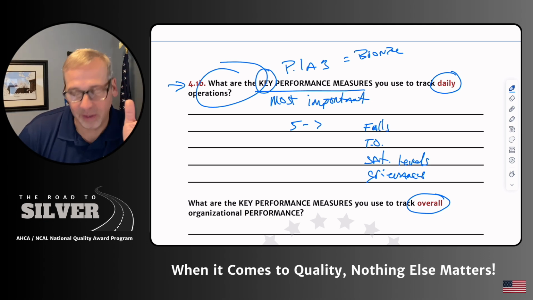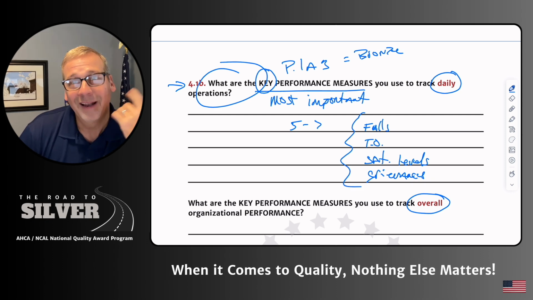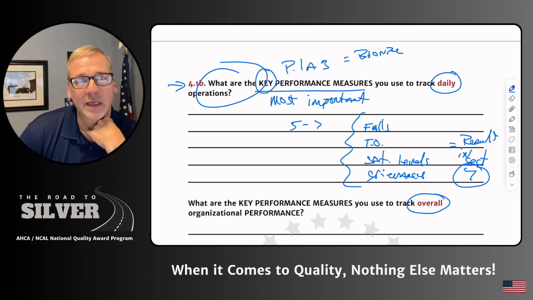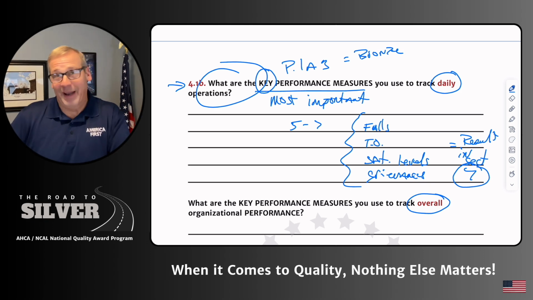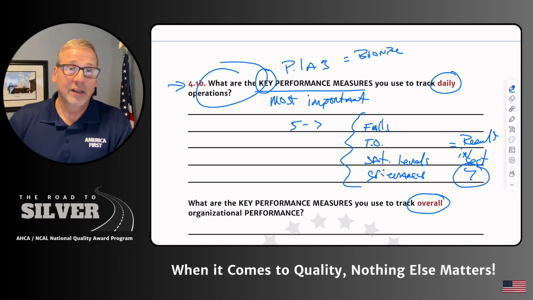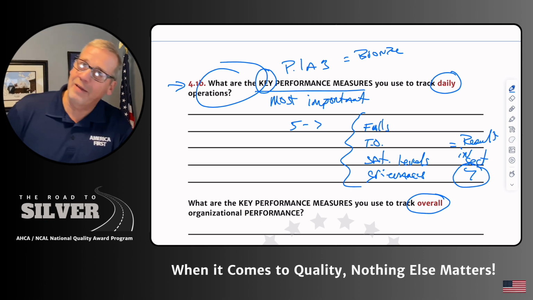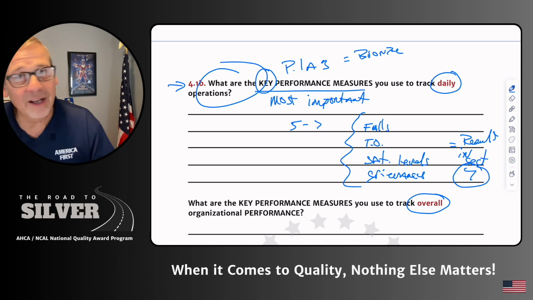Everything that you list here, we're going to expect to see a result in section 7. Could be 7.1, 7.2, 7.3, depends on the data. If you're going to give us customer satisfaction, well, that's going to be 7.3. If you're going to give us clinical data, that's 7.1. If you're going to give us financial data, that's 7.5.